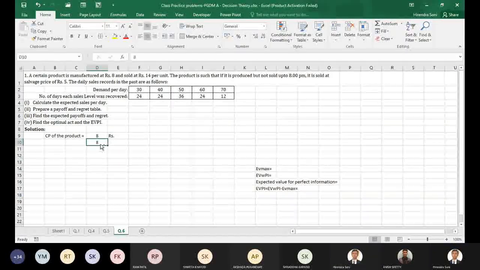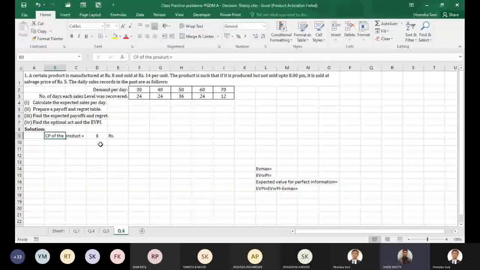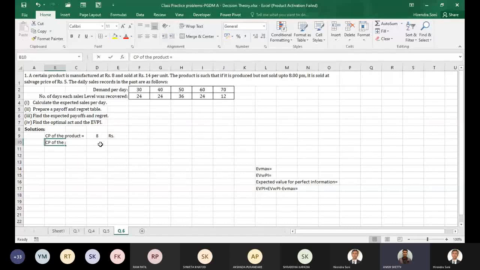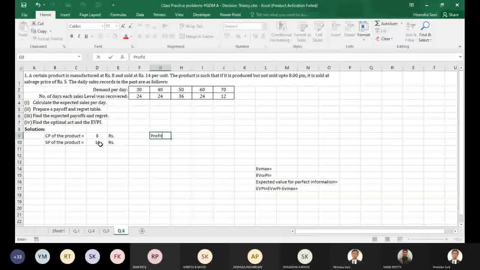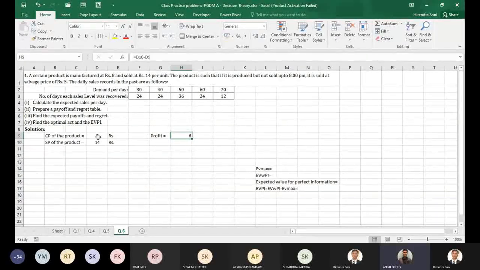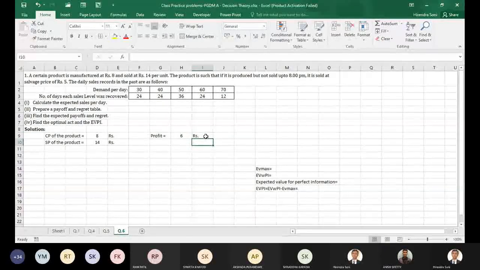Similarly, selling price of the product is 14 rupees. So that itself says my profit is how much? 14 minus 8. So that means 6, sir. Profit per product is 6 rupees.